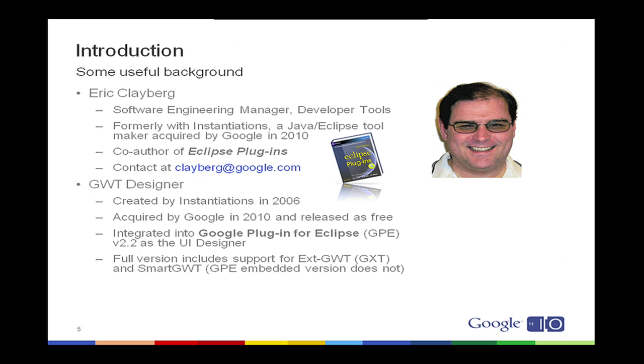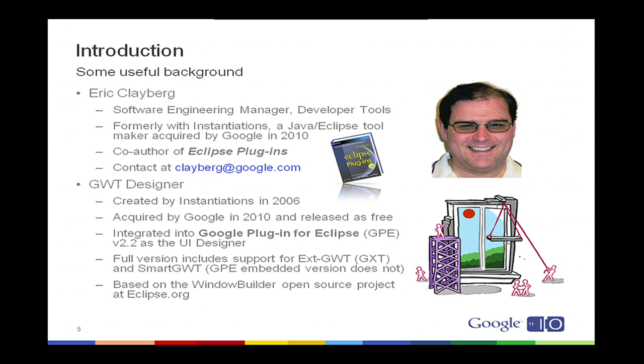There's the embedded version in the GPE. There's also still a full version that provides access to various third-party components like GXT, Smart GWT, and a few other things that I'll mention. And the whole thing is built on the new WindowBuilder open source project at eclipse.org that Google contributed back in December and is going to go out as part of Eclipse 3.7 in June.